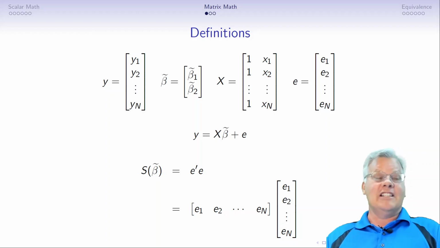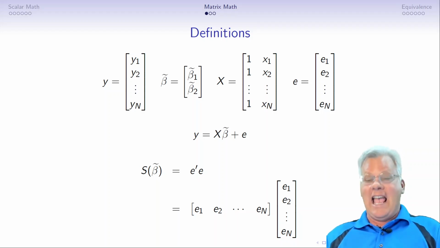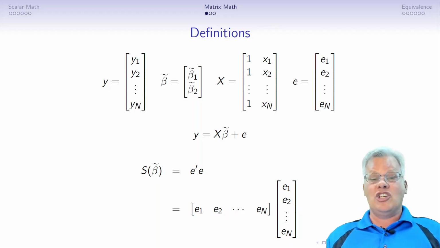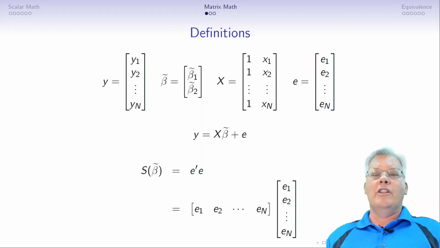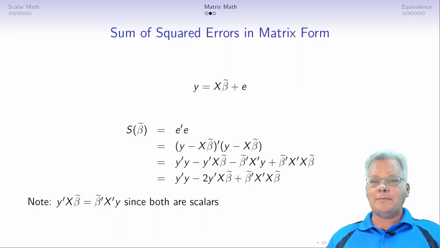And this expression is exactly equivalent to the expression I had in the scalar math section, which was the sum over observations i equal 1 to n of E sub i quantity squared. This is exactly equivalent but written in matrix math.